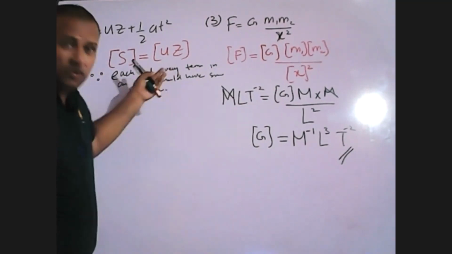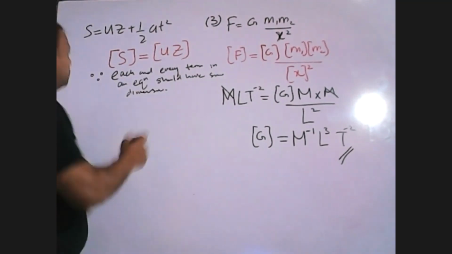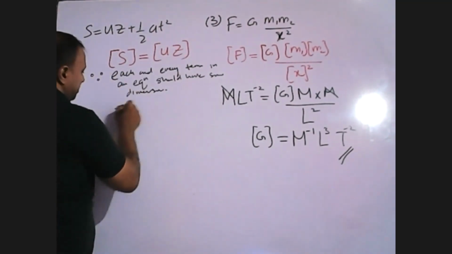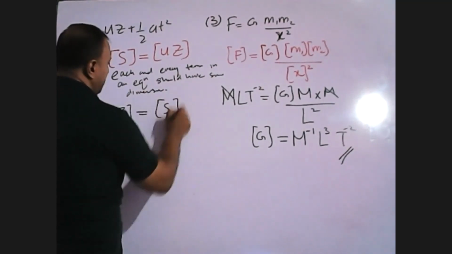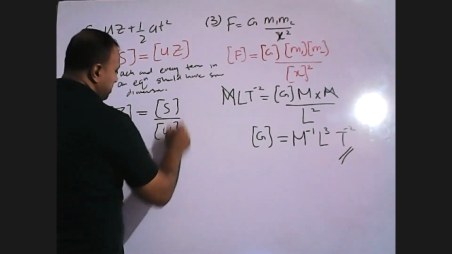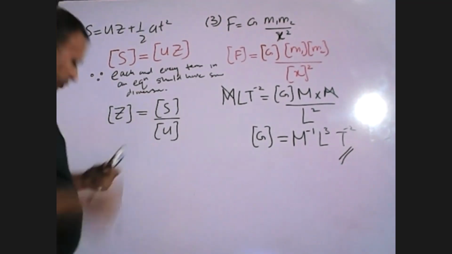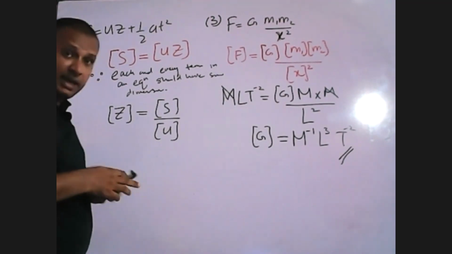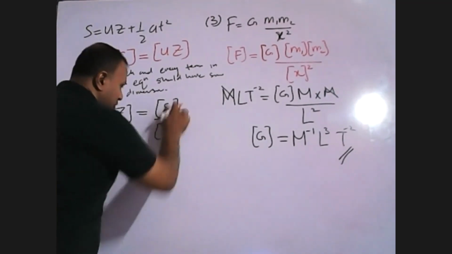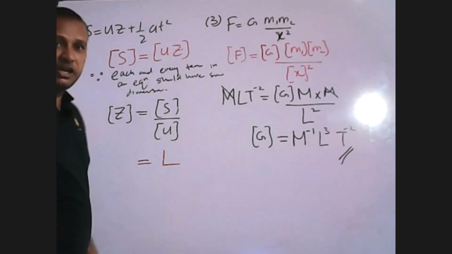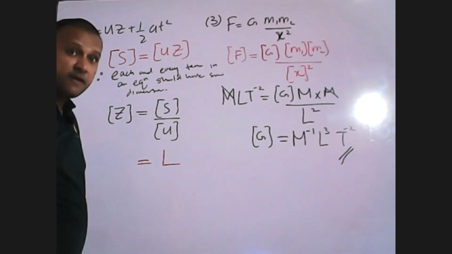Now you can simplify this one. Now you can make it the subject. So the dimension of T is equal to dimension of S over dimension of U. S is a distance, displacement, so the dimension of displacement is equal to L, and U is a velocity.